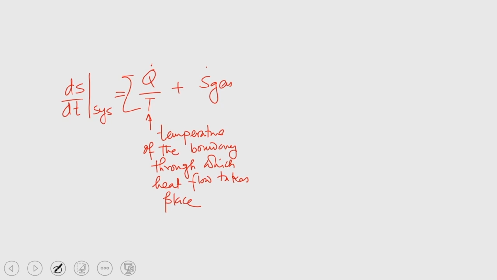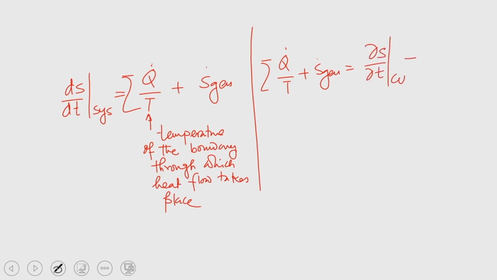Okay. Now, it is very important. We can write Q dot by T plus S dot gen equal to dS/dt of the control volume plus, which is very important, the integral of s rho V dA.